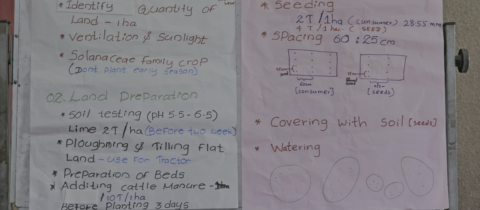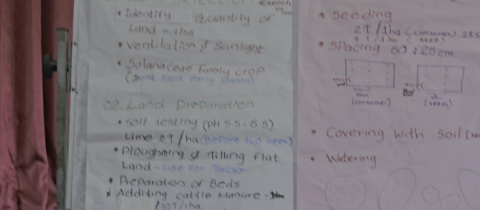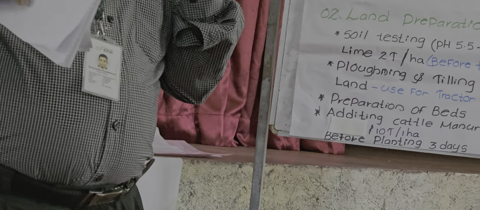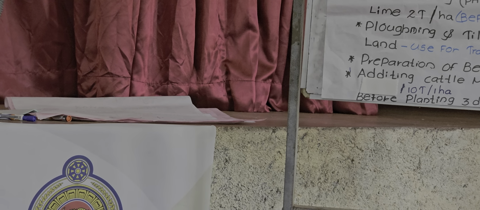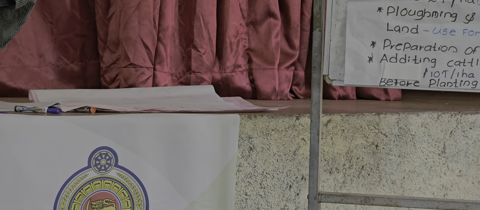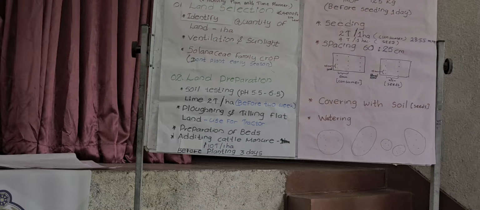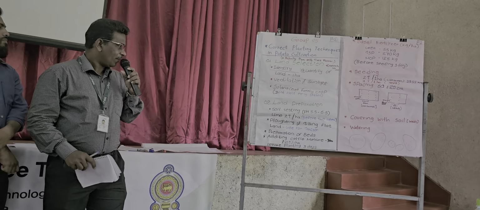After that we are going to do plowing and tilling. We normally select flat land, and we don't have much manpower, so we select tractors, vehicles and machinery. Then we can reduce our time and energy, and we also use manpower.